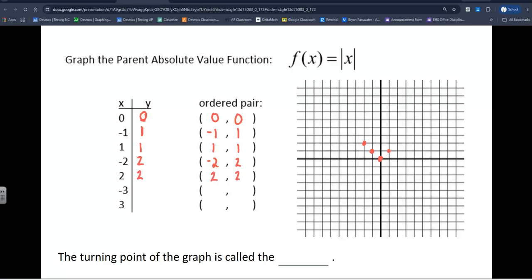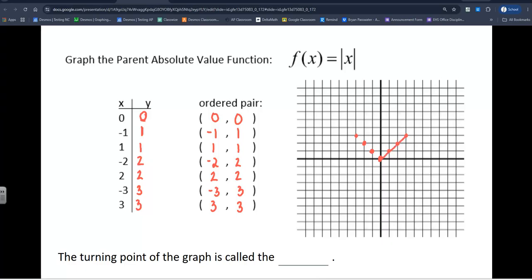So we got 2, 2. Absolute value of -3 is +3. So -3, 3. That's this point here. And the last one will be 3, 3.